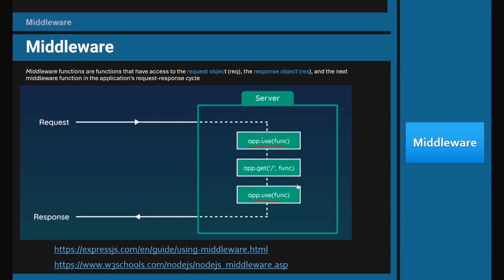The most common method you use in Express to call a middleware is app.use. When you say app.use, you are actually calling a middleware that you pass into the use method. You pass the function that you want to execute as a middleware.